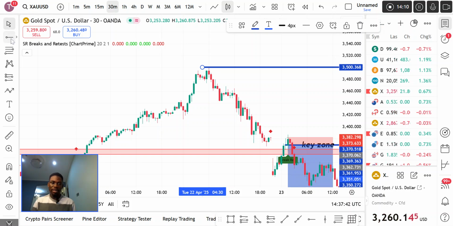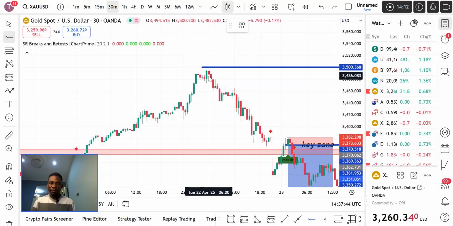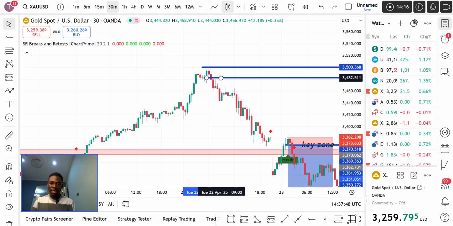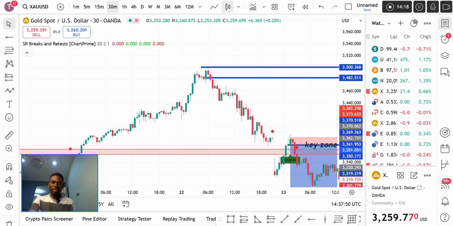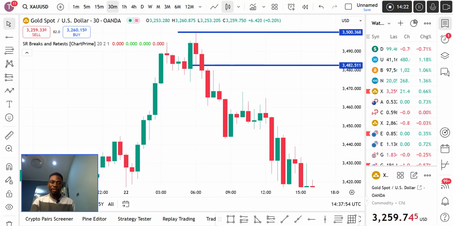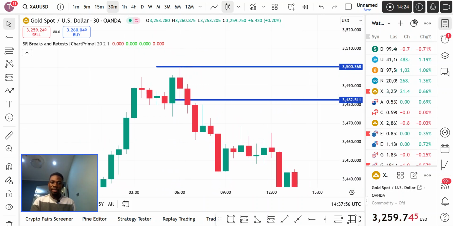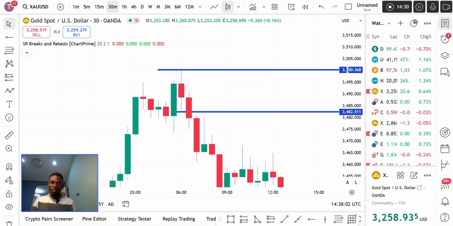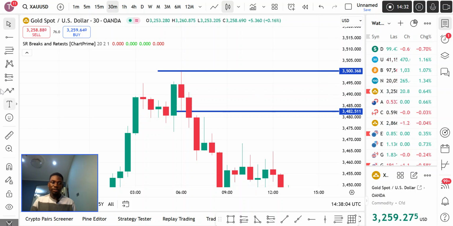So we had one here. You can see that we have one here. Nice break. It's a candle body, so it's accepted. Once it's a candle body, it's accepted. If it's a wick, it's not accepted. So you can see how we're able to get it. Very nice. And then now we apply our risk to reward.